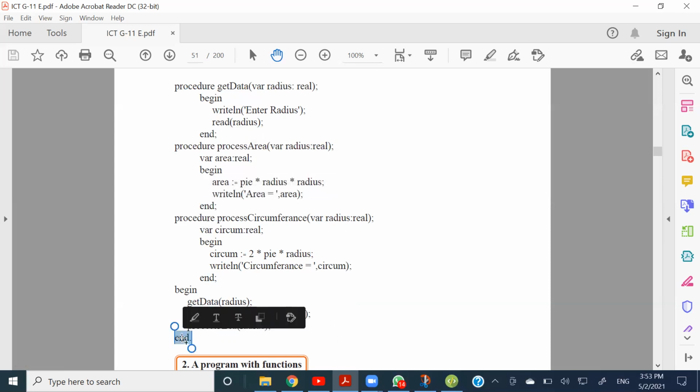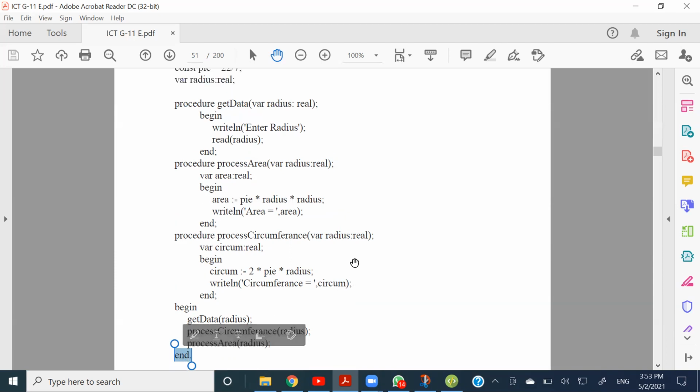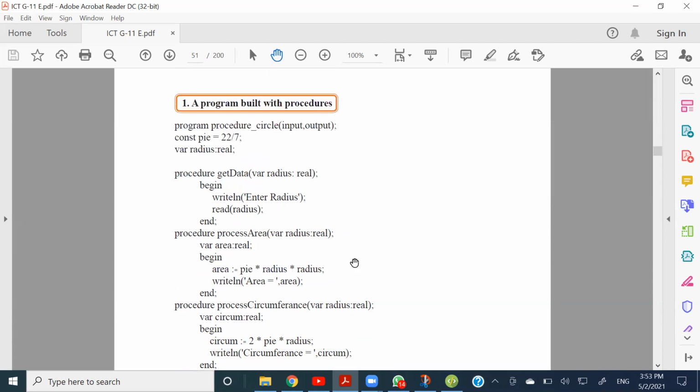So it ends the program anyway, right? So that is what happens, right? All you need to know is when you are given a program, you should have the idea how this is going to happen, right? It's not going to be major things, but just remember the concept.